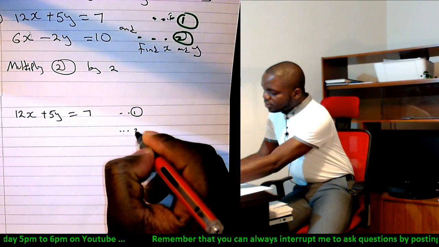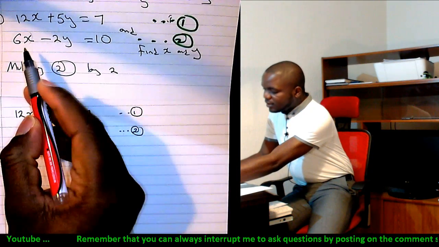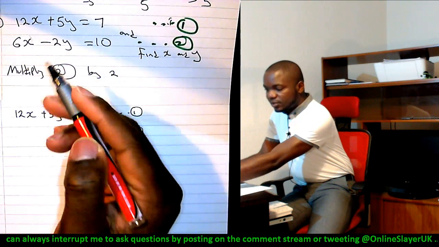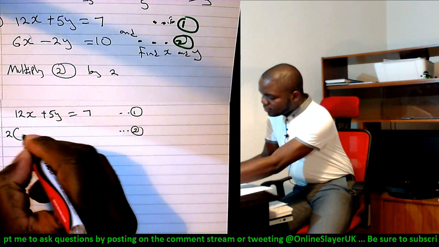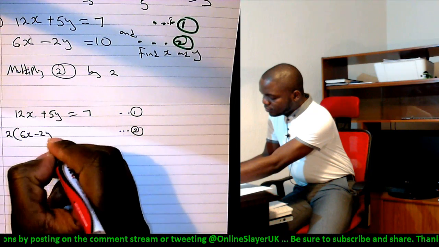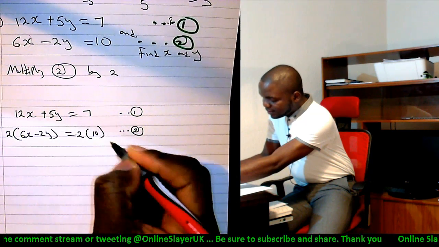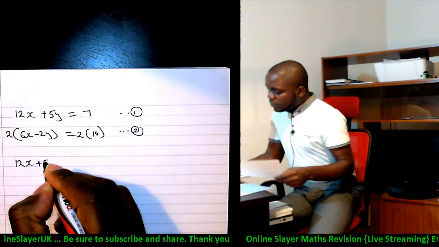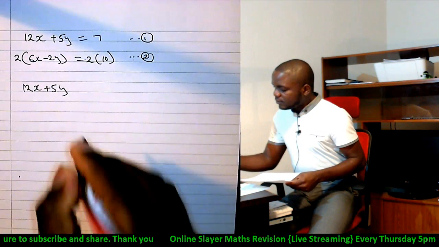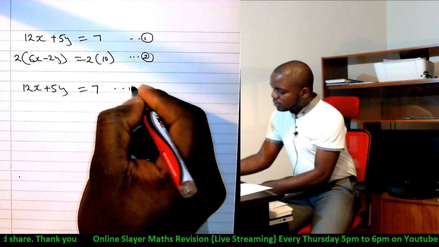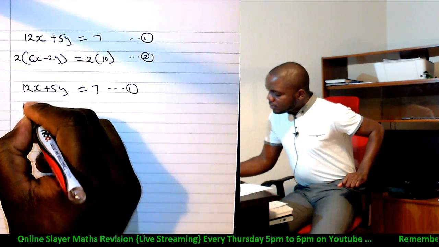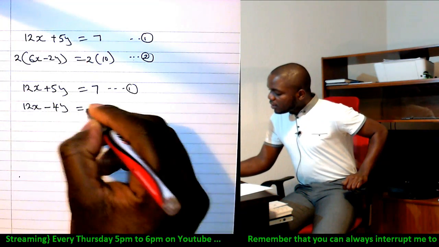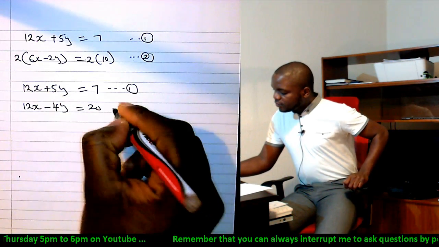Equation 2 now becomes 6x minus 2y equals 10, all multiplied by 2. 2 into bracket 6x minus 2y equals 2 into bracket 10. And the problem now becomes 12x plus 5y equals 7, equation 1, and 12x minus 4y, because I'm now opening this bracket up, equals 20, equation 2.